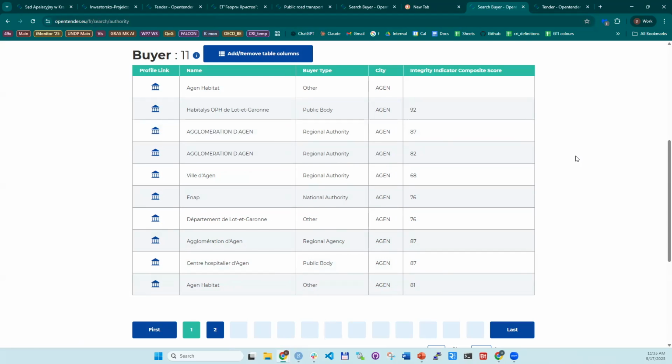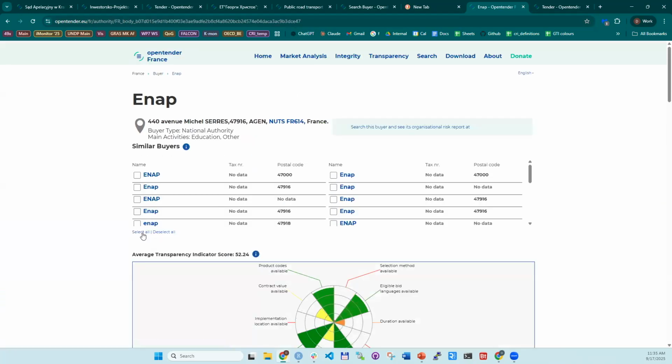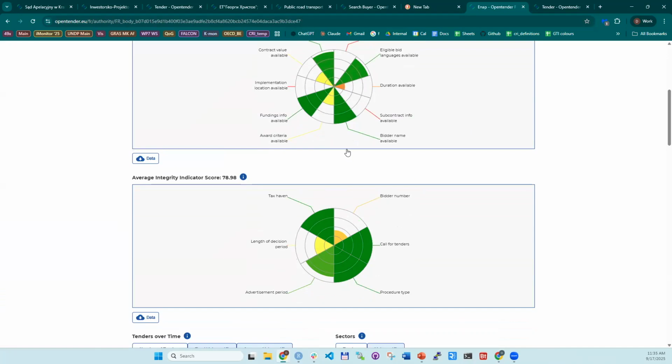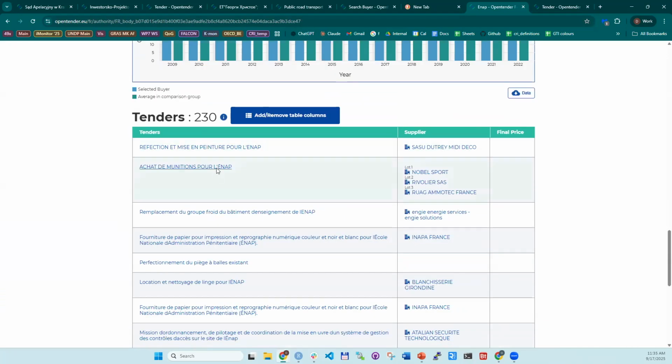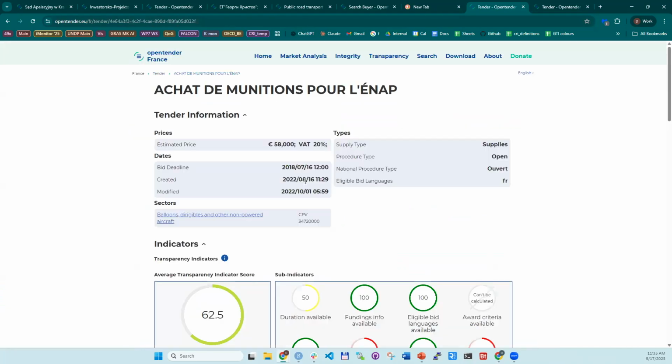So I'm not interested in the region anymore, or I'm only interested in this one particular buyer, and so on. From here on, anything that we discussed previously and now has been recorded, you can check, and then you can check for stories for yourself, even on the buyer level, or then more particularly on the tender level.